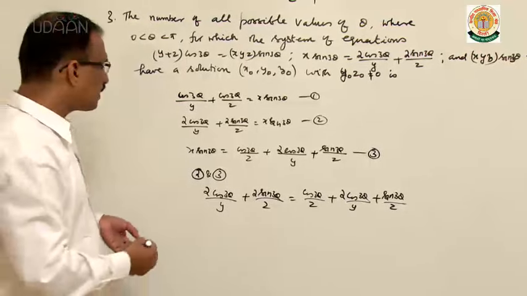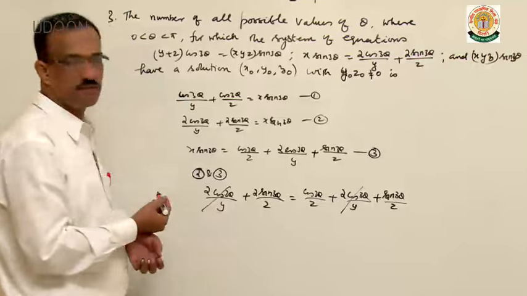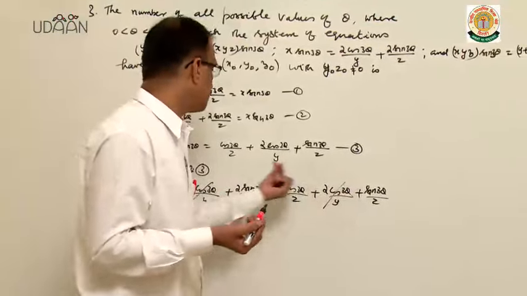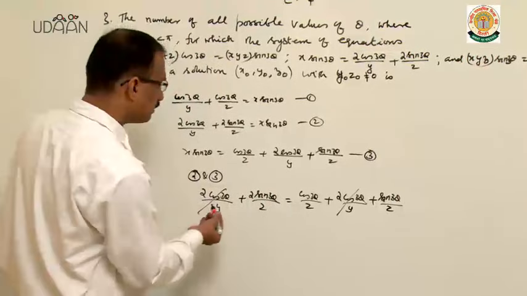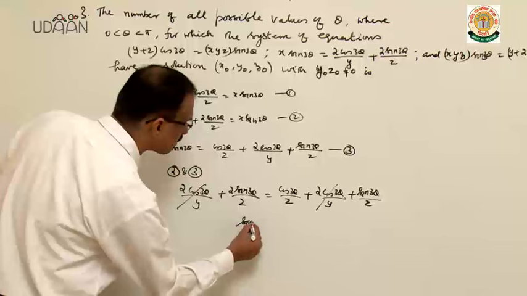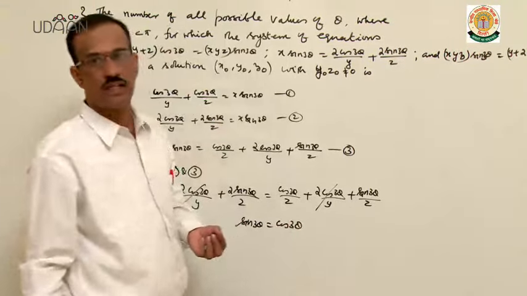So from this, the 2 cos 3 theta by y and the 2 cos 3 theta by y get cancelled. Then you bring this to this side and then z gets cancelled. So we will get sin 3 theta equals cos 3 theta.